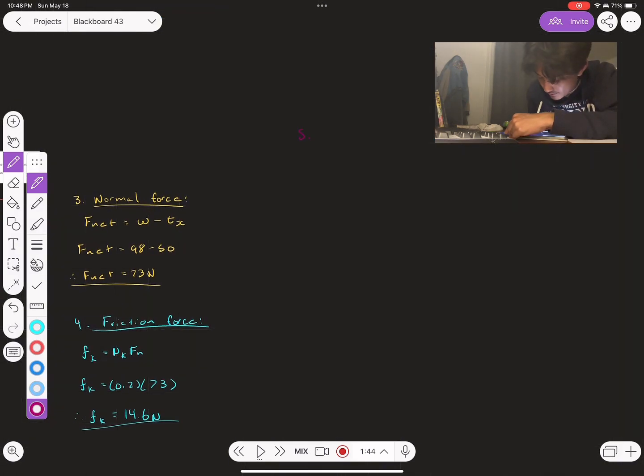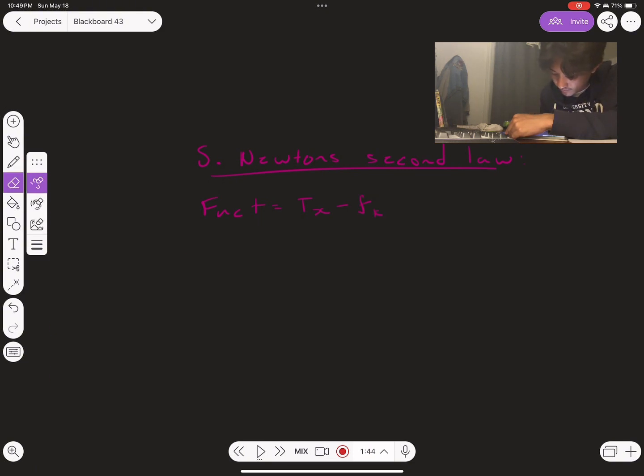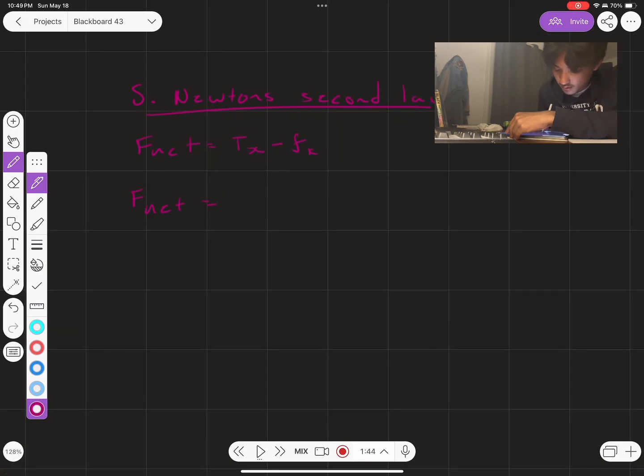Now for Newton's second law, in this case F net is equal to Tx minus kinetic friction. So this will give us our second law.